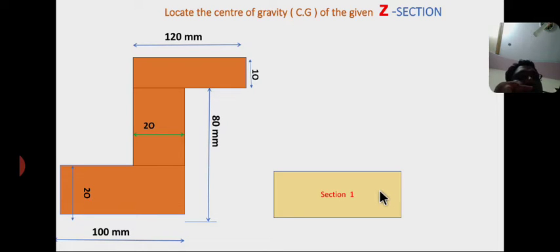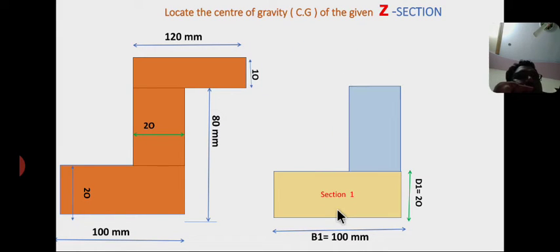Bottom rectangle: base 1 equals 100 mm and height d1 equals 20 mm. I am considering the second rectangle as section 2, with dimensions base 2 equal to 20 mm and depth d2 equal to 60 mm, only from here to here. So d2 equals 60 mm.